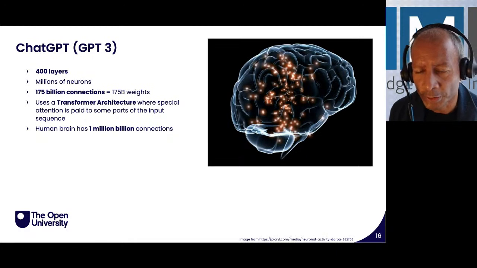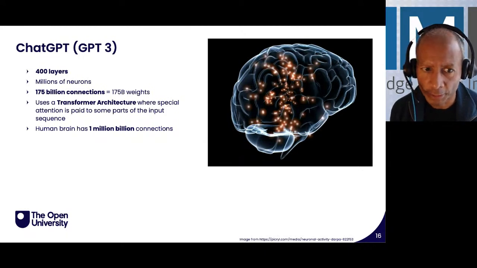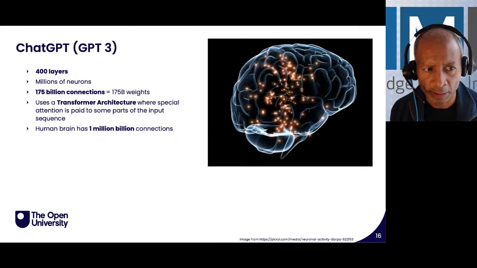ChatGPT is based on GPT-3. So it has 400 layers, like the layers I showed you. There are some millions of neurons. There are 175 billion connections between those different nodes, leading to 175 billion weights that have to be learned.